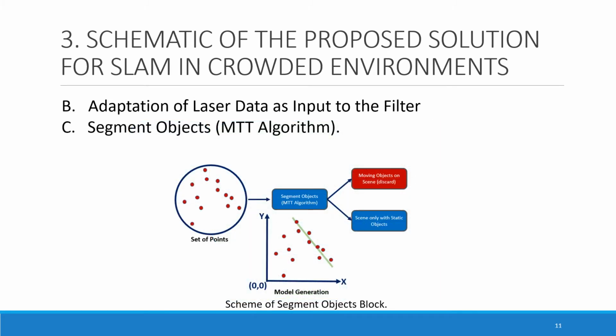The segment objects module includes the capacity of discerning and separating static objects and mobile objects. To perform this role, the proposed algorithm uses the RANSAC method. Nevertheless, it can be substituted by any other filter that performs similarly. This figure shows the detailed process of this module, but we are going to explain it later.